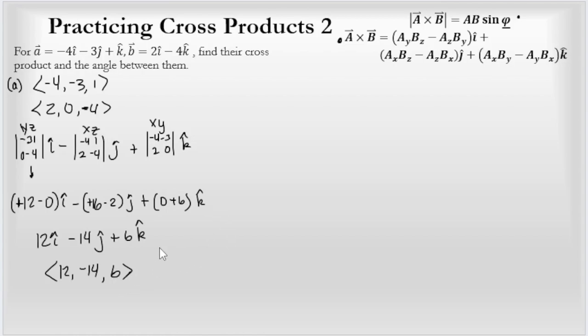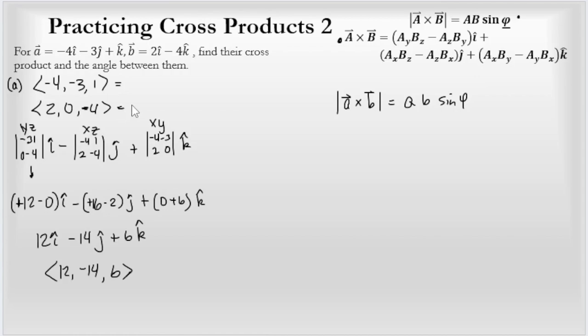I'm not going to draw this out, but what I am going to note is now that I have this, if I want to go up and use the first version of this, if I say the magnitude of A crossed into B equals AB sine phi, in order to find the angle, I need to find the magnitude of all these vectors.